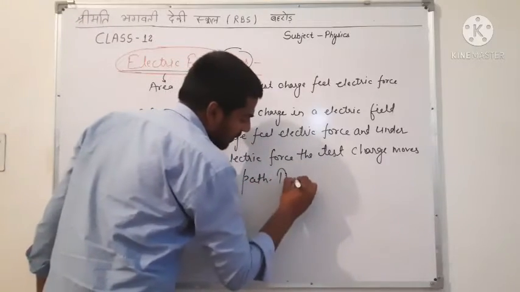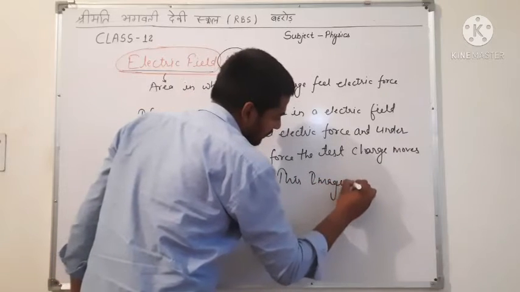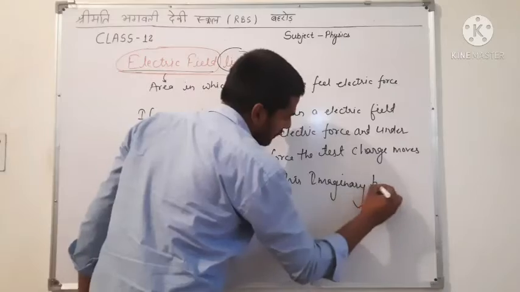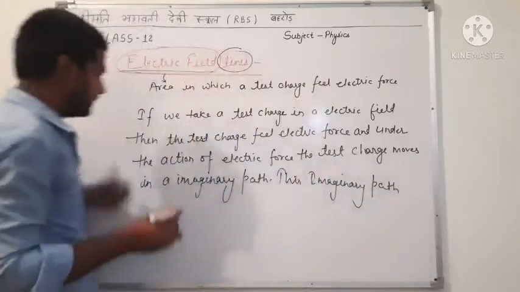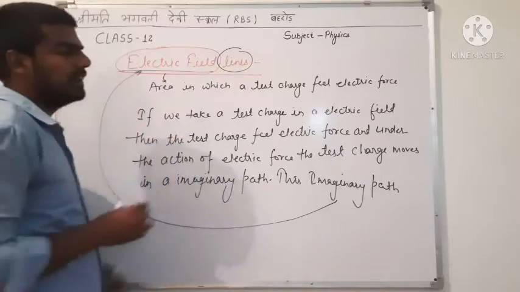This imaginary path is called electric field lines.